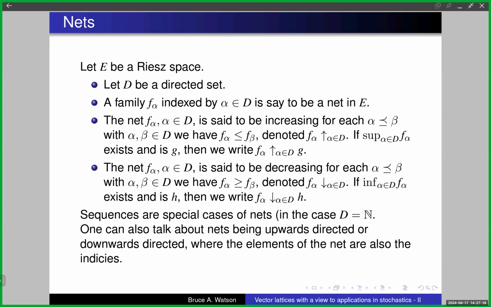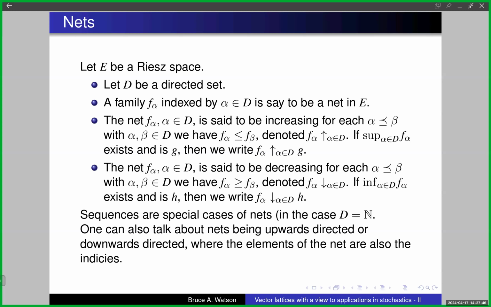Not necessarily totally ordered index sets either. So this is why we need to introduce the concept of a net. So we're going to pose nets in a Riesz space. So let E be a Riesz space and D be some directed set. Note D does not have to be a subset of E. It is an index set with a direction on it.